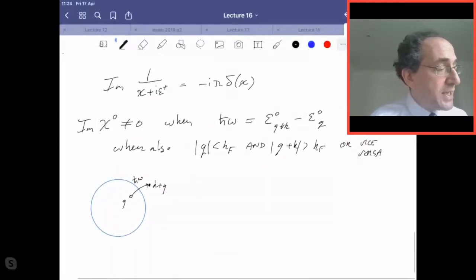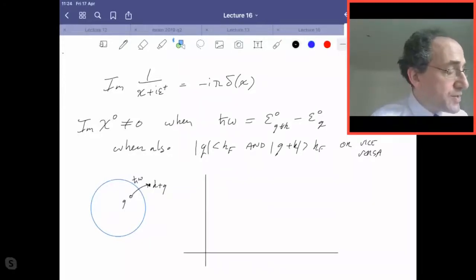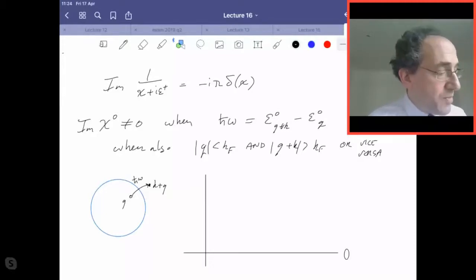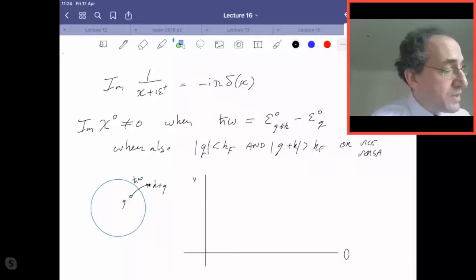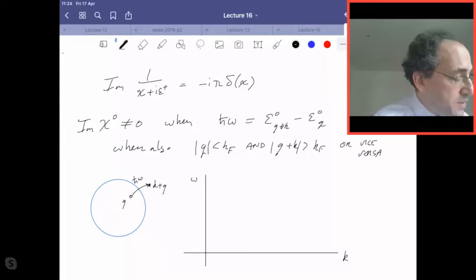So it's a rather natural and physical result. Let's actually draw where in the k omega plane this occurs. So this is k on this axis, and this is omega on this axis. Let's put 2kf here.